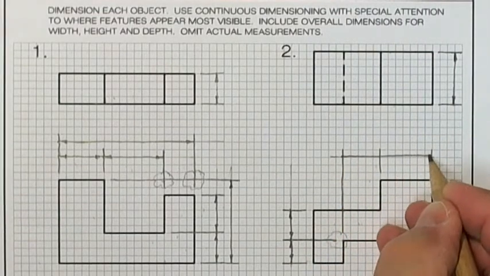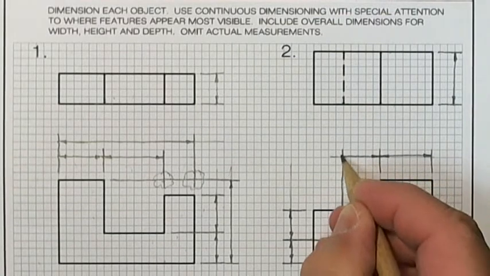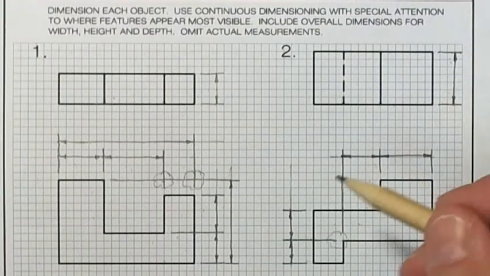Draw my dimension line. Now the only thing I need to complete this will be my overall width and my overall height, as I already have one depth that also becomes my overall depth.